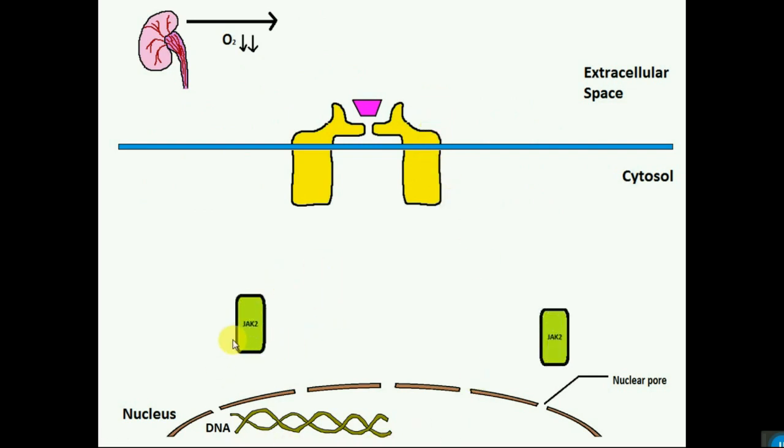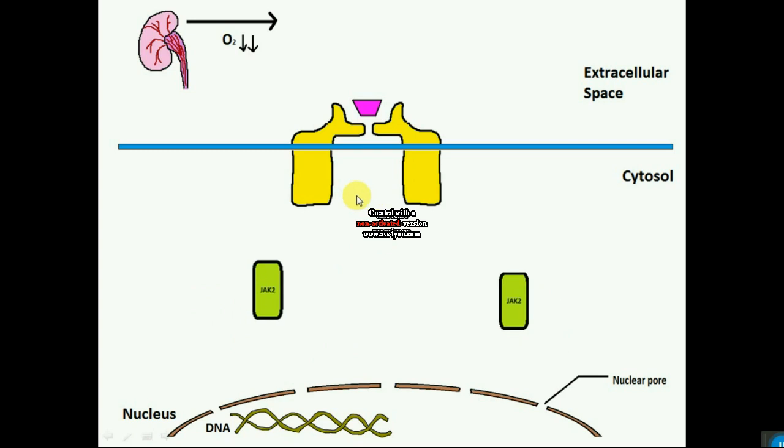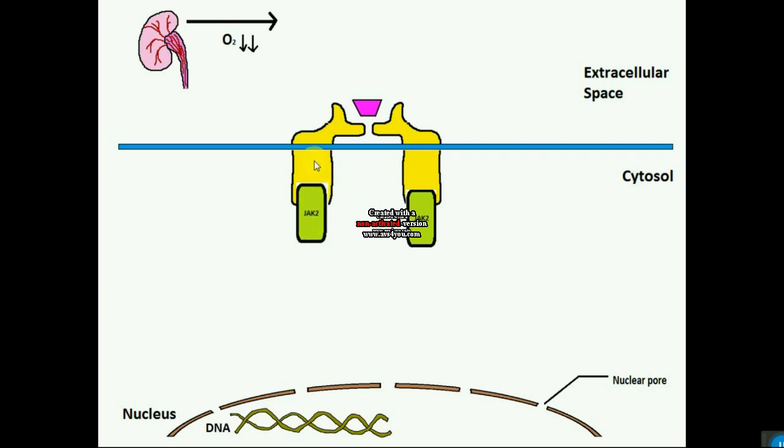The JAK2 generally binds to the intracellular domain of EPOR, and after binding to it, the EPOR can phosphorylate each of the JAK2, and after phosphorylation the JAK2 gets activated.